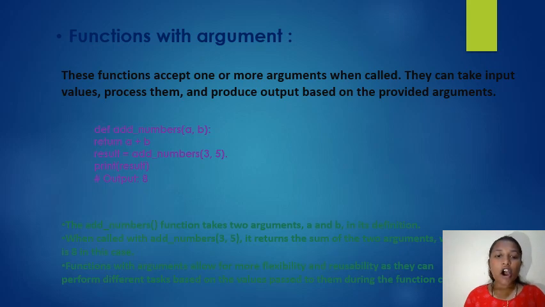Print result. The output will be 8, because in the return statement a plus b, the value of a is 3 and the value of b is 5. Now 3 plus 5 is 8, which is printed as the output.